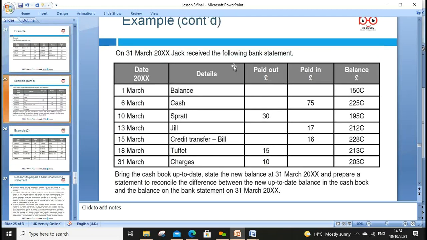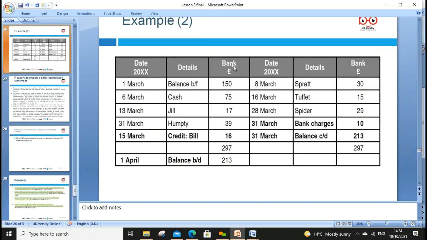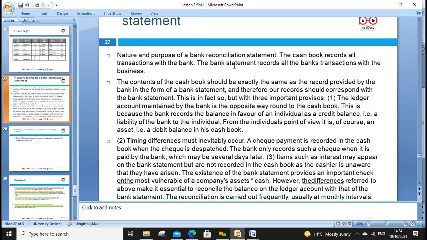The cash book was 207 and the bank 203, so there was a difference. We are trying to reconcile it, work out why it is not matching, and then prepare the bank reconciliation 213.